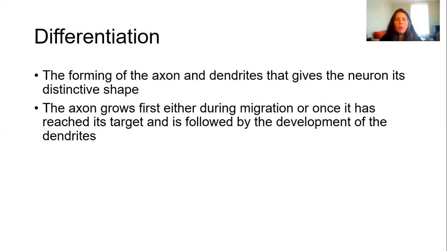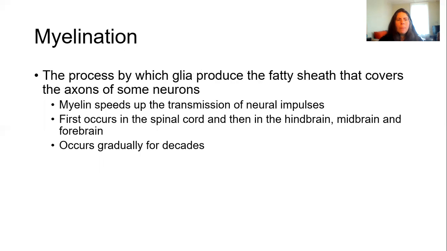Now the axon grows first either during migration or once it has reached its target, and is followed by the development of dendrites. So the question becomes, how does an axon reach its target? I'm going to talk about that in a moment. It's going to be chemical gradients and chemical traces that attract those axons to their targets.